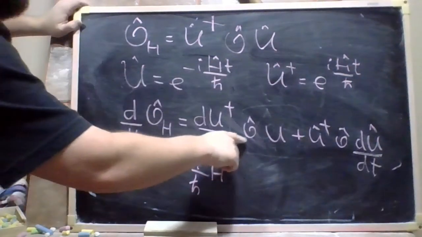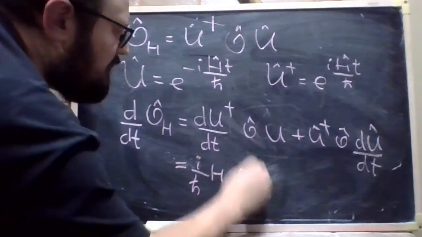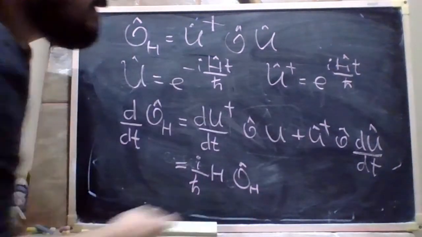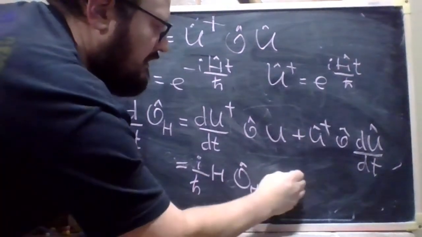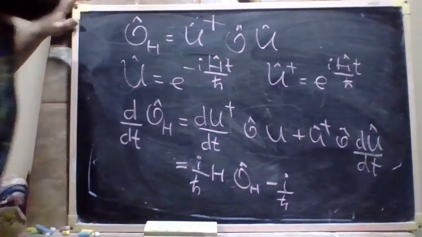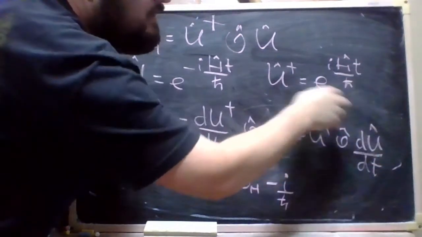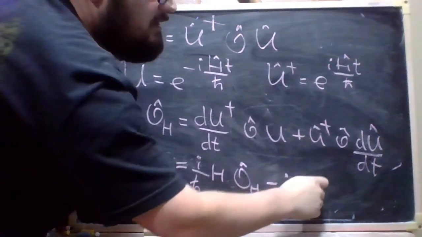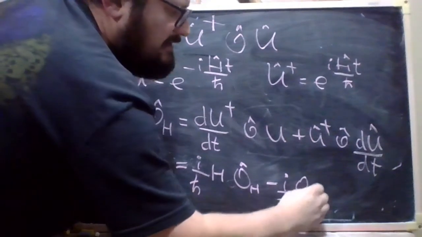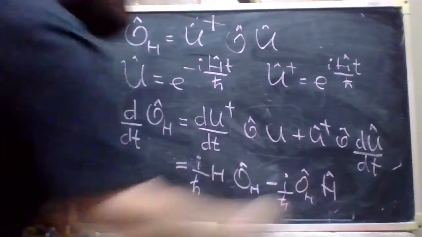The U dagger will multiply O and multiply U again, so you'll find the Heisenberg operator here again. And there you'll find a minus i over h bar, which is just a scalar constant, complex, but a scalar. U dagger O, the Hamiltonian appears here. It commutes with the unitary evolution operator, but U dagger O U is just a Heisenberg operator again, and the Hamiltonian appears on the right side.